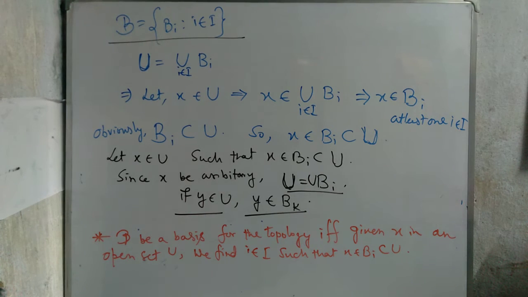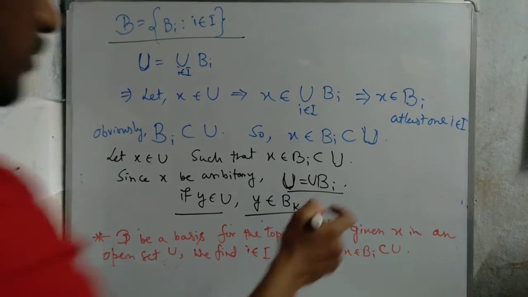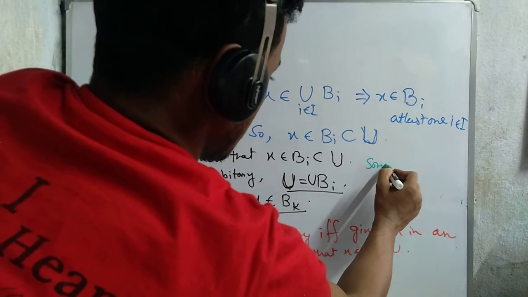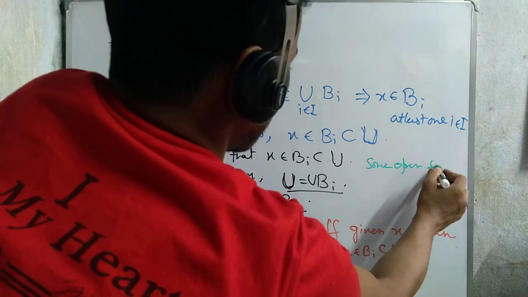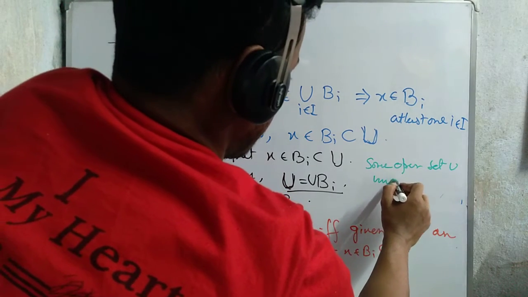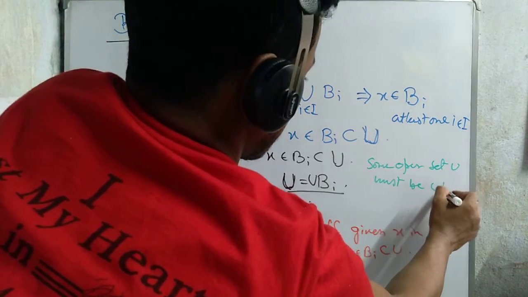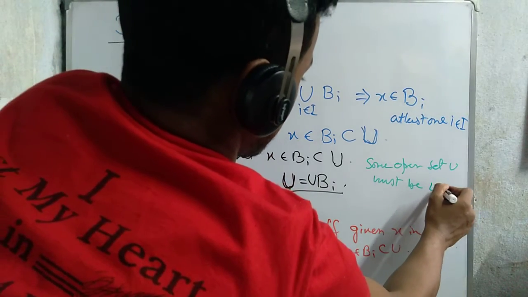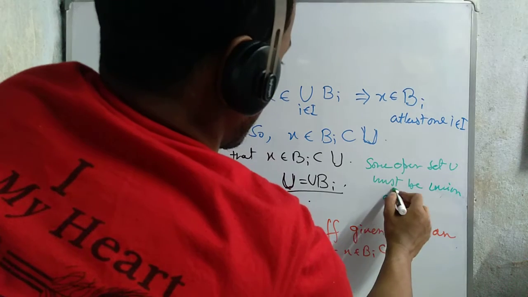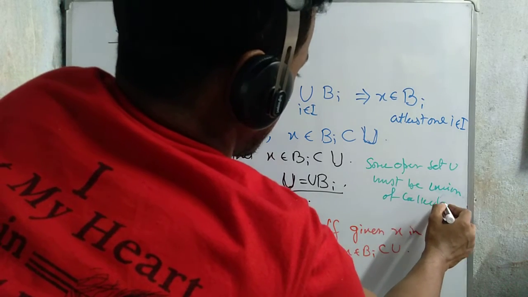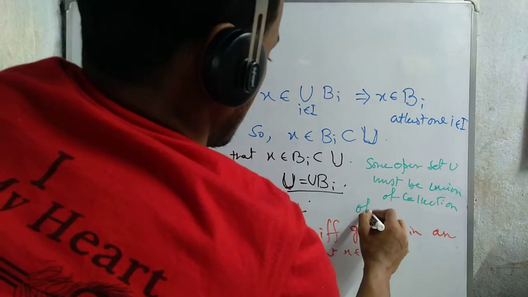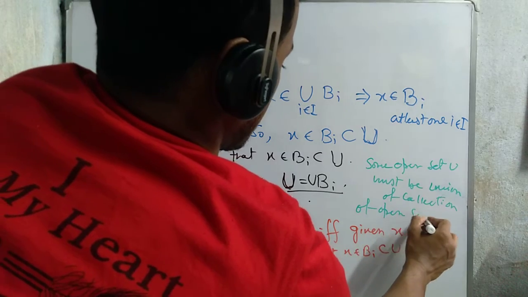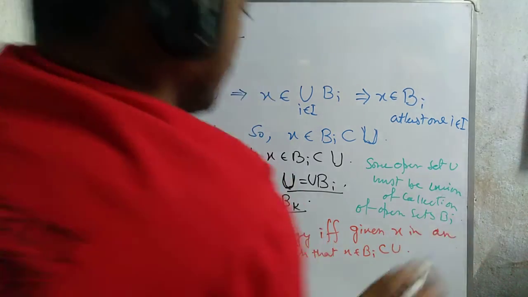Then obviously some open set U must be a union of a collection of open sets B_i.